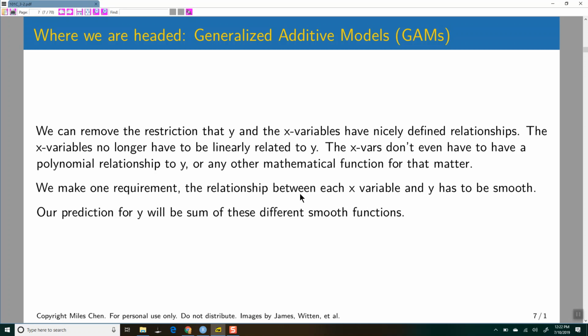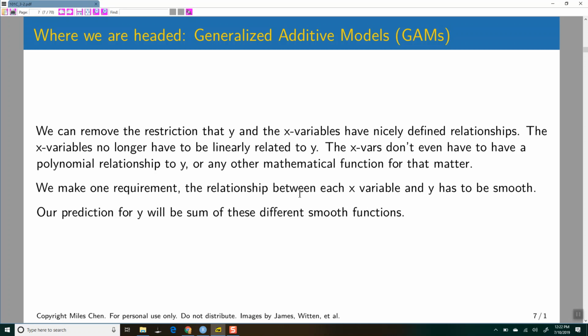We're just going to allow for arbitrary relationships, okay? Now, we can keep a mathematical function, but we'll actually get to a point where it doesn't even have to have a mathematical function. The only thing we're going to try to enforce is to make the thing smooth, okay?